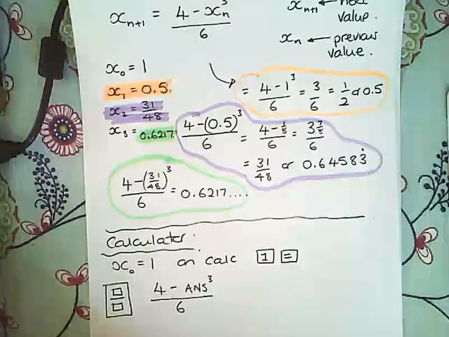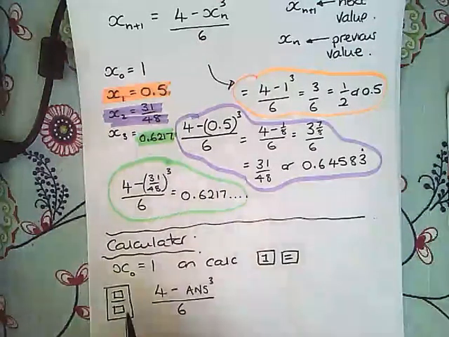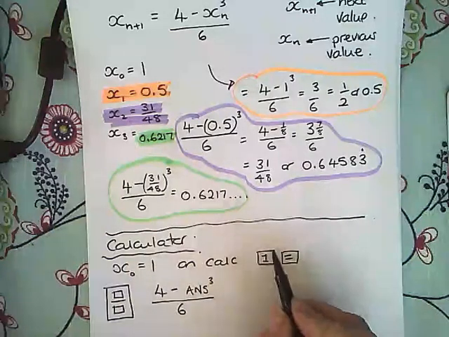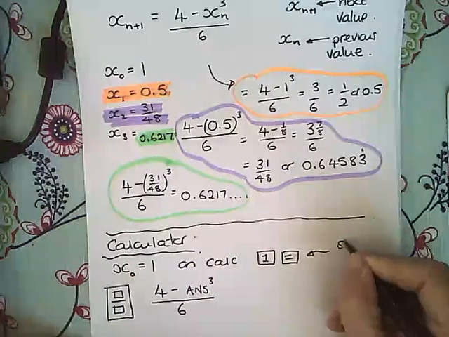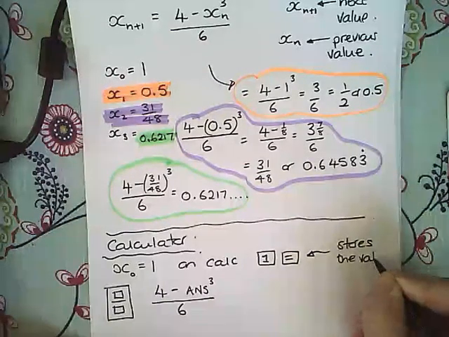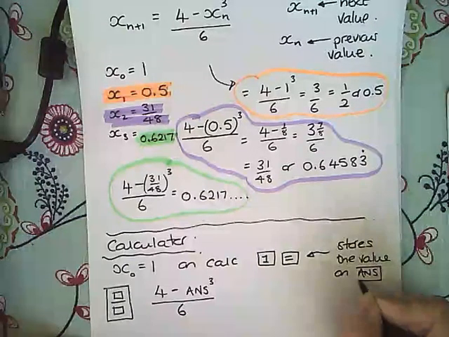Okay, so if I just reiterate what you need to do on the calculator, whatever value you get given for x0, you type that into the calculator, press the equal sign, and that then stores the value on the ANS, the answer button.